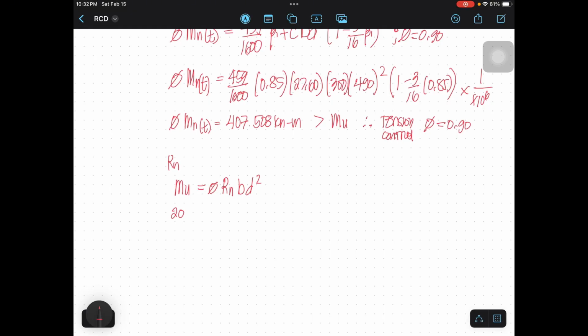Kung dito is dinivide natin ng 1 million para maging kilonewton dash meter, para maging naman newton per millimeter, i-multiply ngayon natin siya ng 1 million or times 10 raised to 6. Bakit? Kasi yung mga given natin dito ay in terms of millimeter. So, yung magiging result dito is in terms of megapascal or newton over millimeters squared.